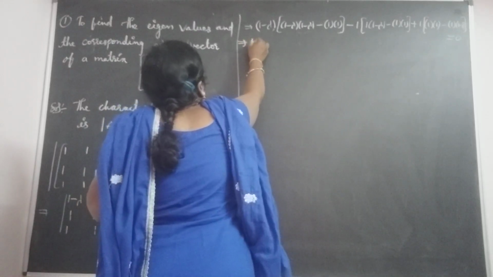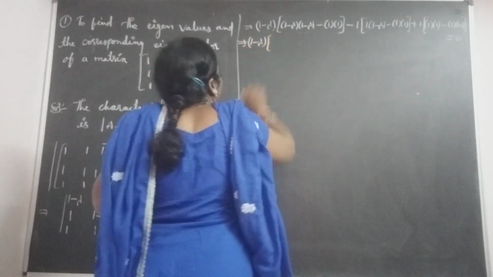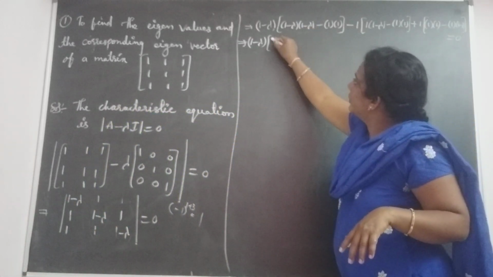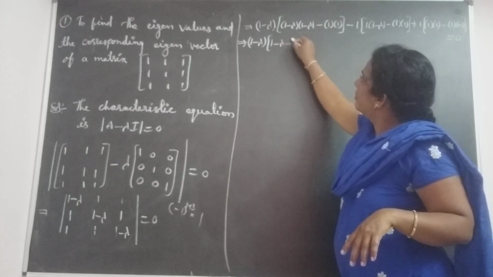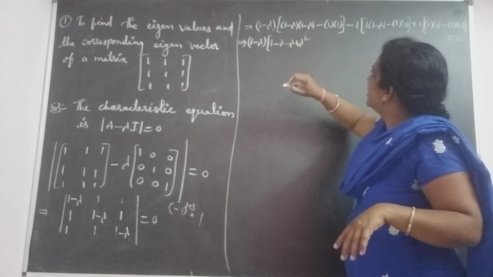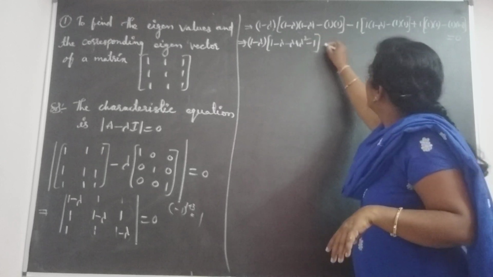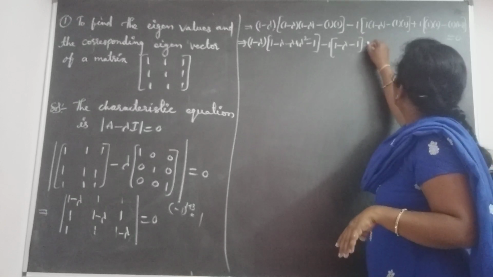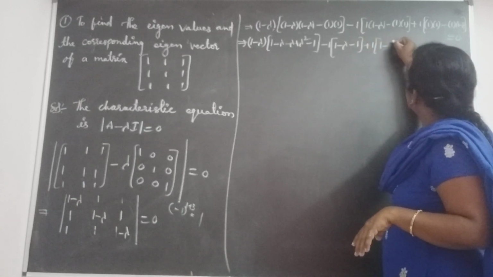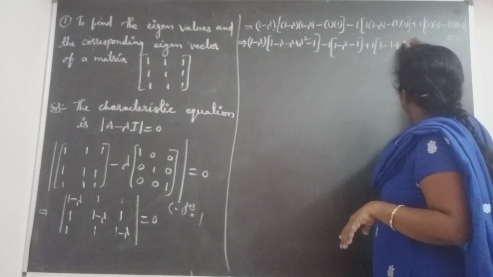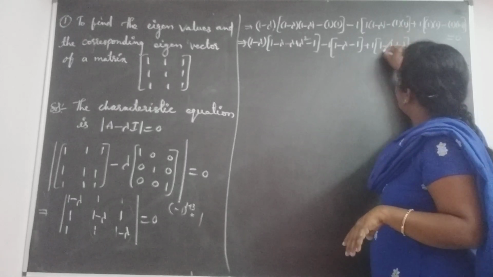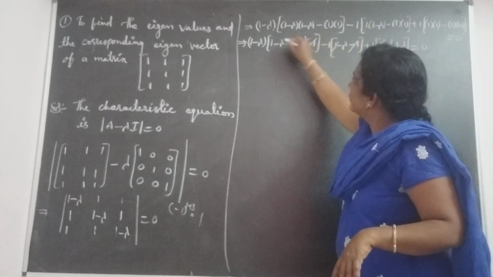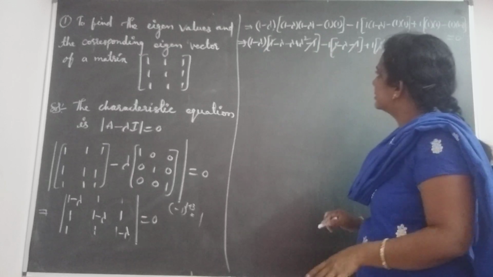That is (1 minus lambda) times [(1 minus lambda) squared minus 1], minus 1 times (1 minus lambda minus 1), plus 1 times (1 minus 1 plus lambda) equal to 0. The plus 1 minus 1 terms cancel.